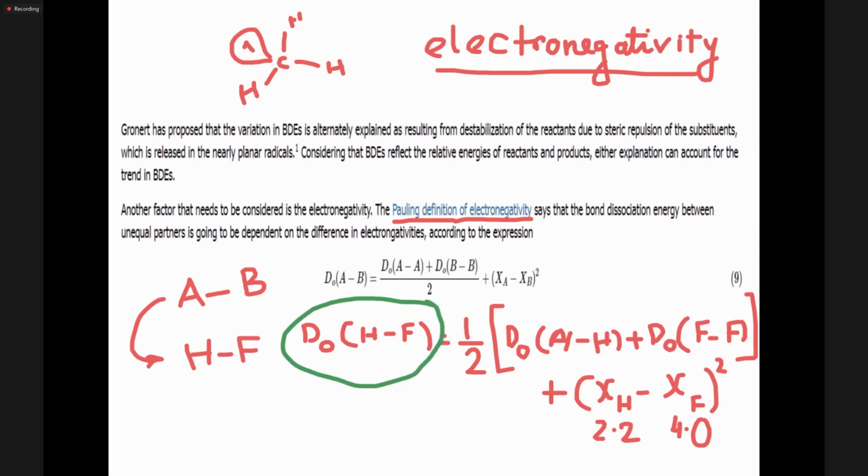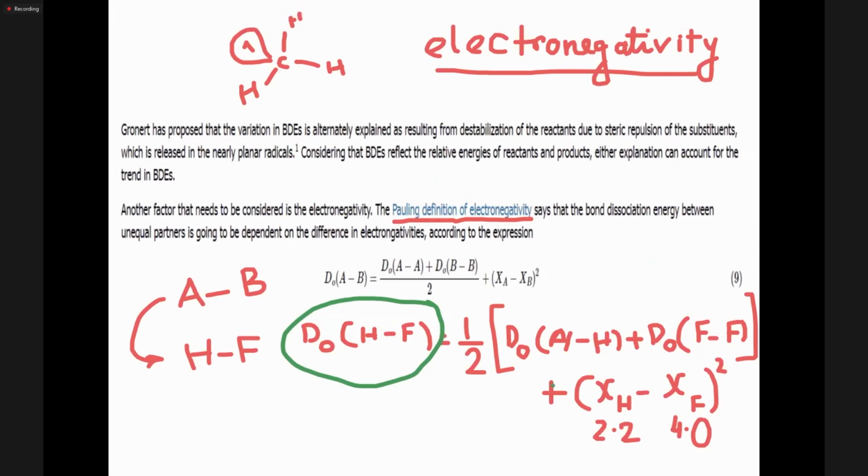So whenever you are given two heteroatoms, and you have the HH dissociation value and the BB dissociation value, and the electronegativities are given to you, or if they are very well-known atoms, you have to remember the electronegativities also. So I suggest you please go through the periodic table chapter and remember the electronegativity parameters of the different atoms.